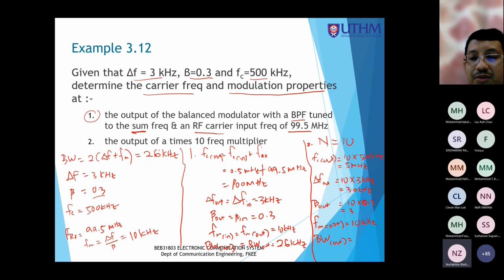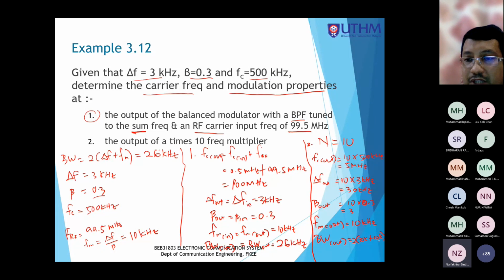Here I'm using Carson, so I can still use Carson in this case. You see that delta F changes. So I can calculate 2 times delta F, which is 30K, plus 10K.